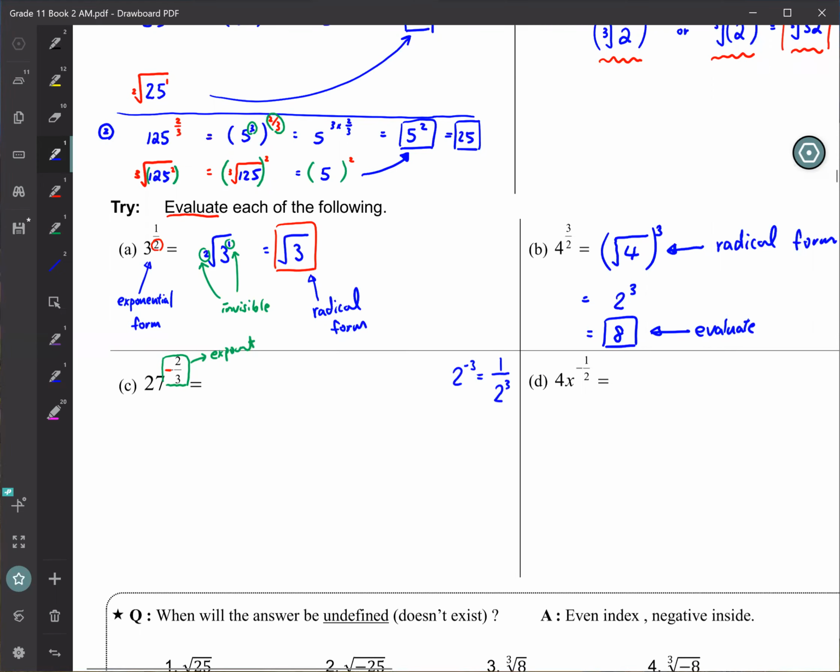So I would like to know, how do you use the negative sign here? Okay, Colin, what do you think? If I just apply the negative exponent, what does the question become?